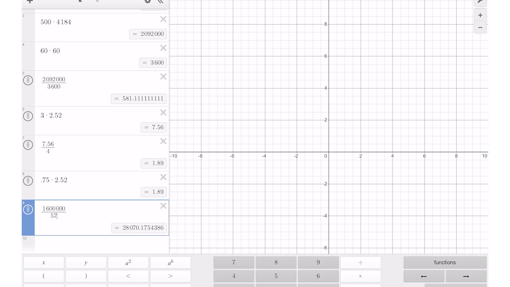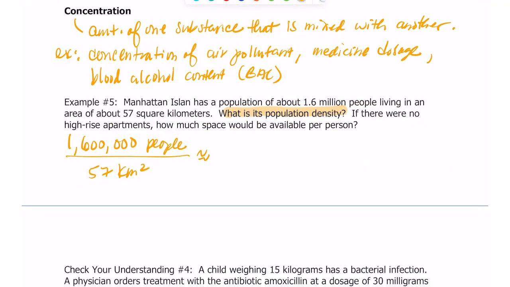So we'll round that to 28,000 just to make it easy. So it's about 28,000 people per square kilometer, right? So picture a square that's 1 kilometer by 1 kilometer. There would be 28,000 people in that little space, okay? So that's the population density.